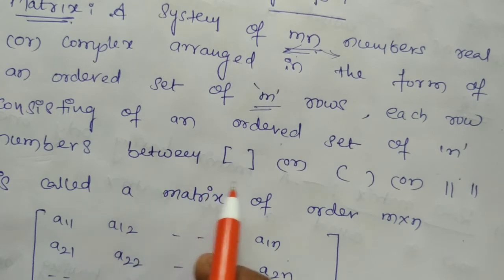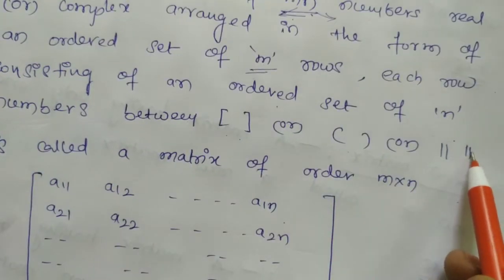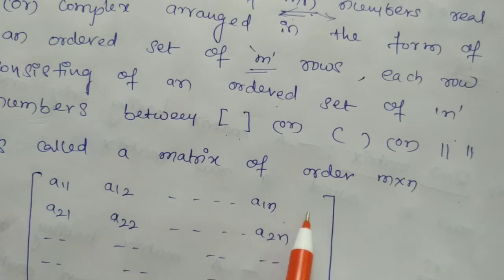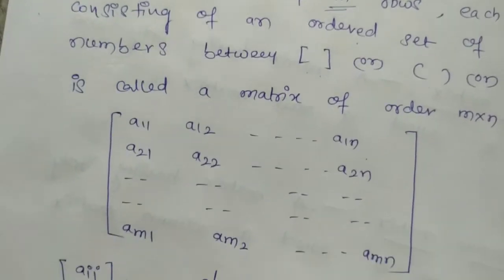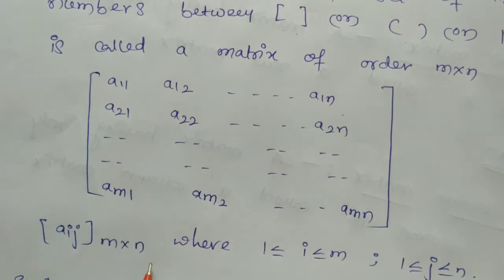The matrix is denoted by closed brackets, open brackets, or parentheses. Here I am taking an m cross n matrix.